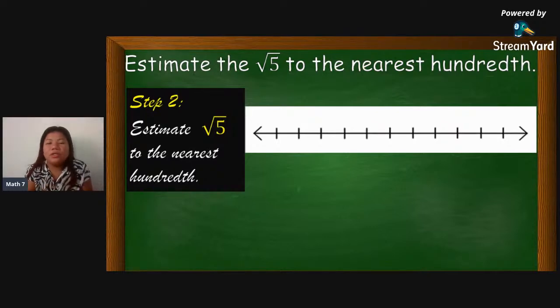Okay na po? So, square root of 5, sabi kanina, ay nasa pagitan ng square root of 4 at square root of 9. Next, square root of 9, going to the left. Anong sunod sa square root of 9?